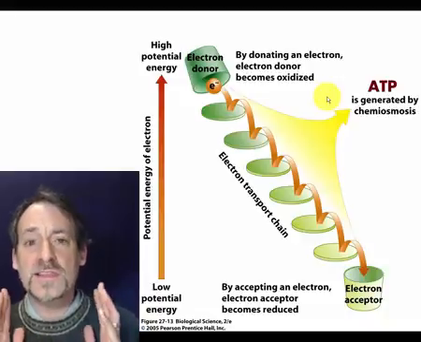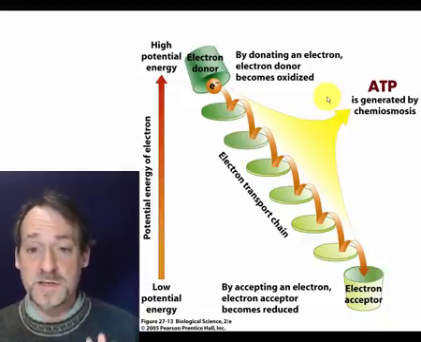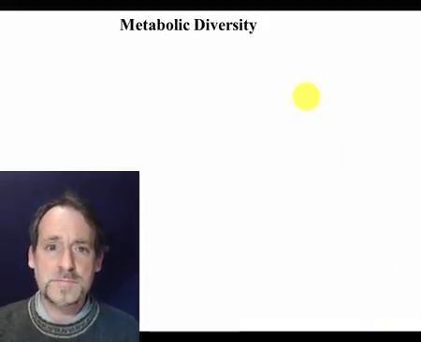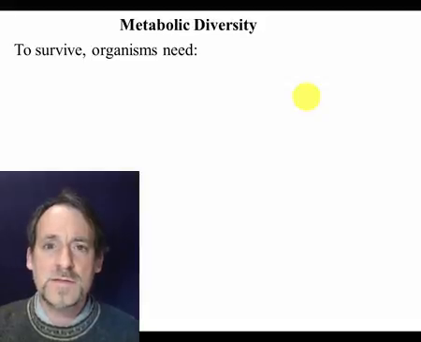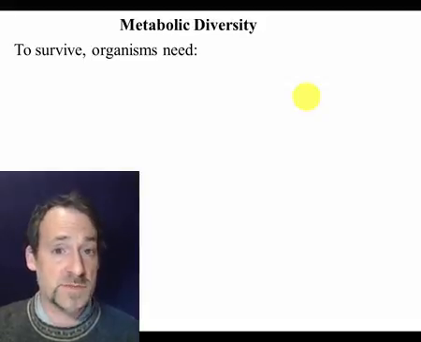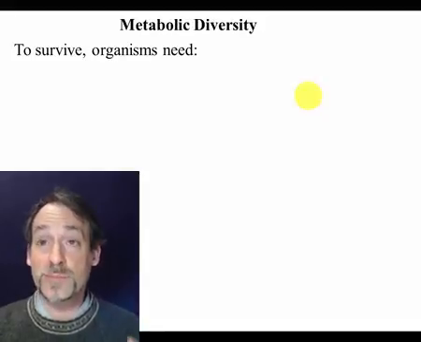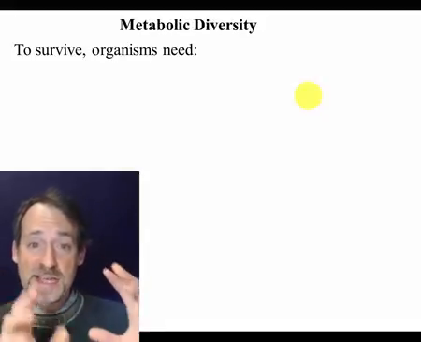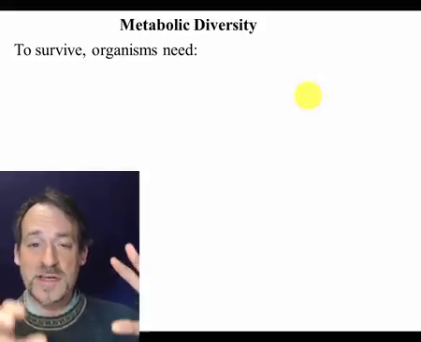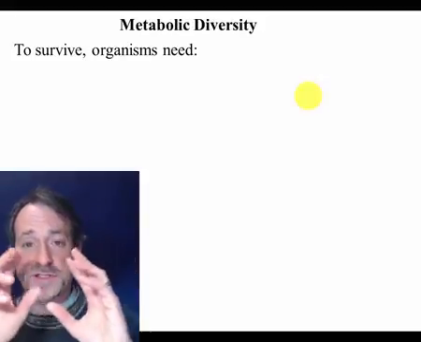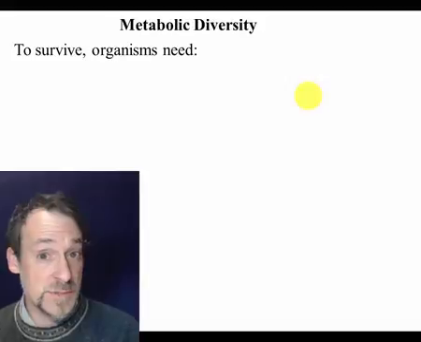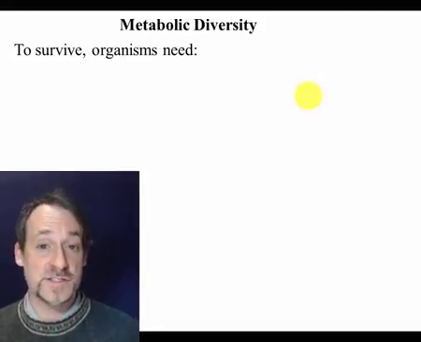However, there are a lot of different ways of doing this. This is one of the things that organisms need in order to survive, is they need some kind of energy. They need some process that takes those high energy compounds and strips the electrons away, gives them to some electron acceptor, and harvests that energy that can be then turned into ATP and used.